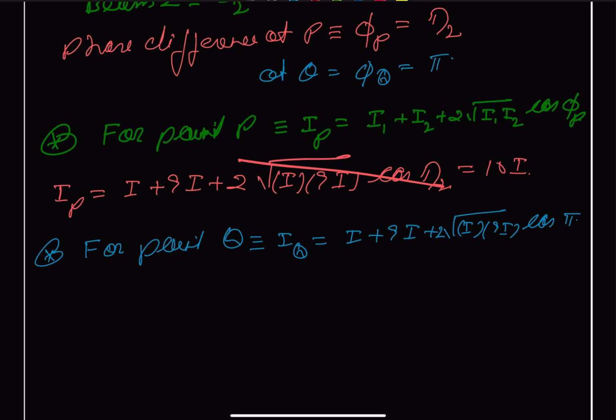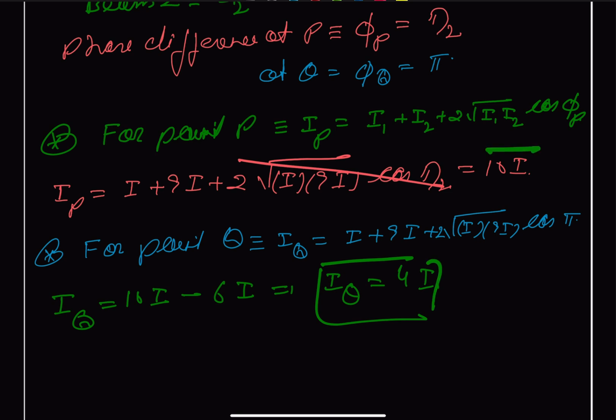So we get here IQ will be equal to 10I, and cos of pi is minus 1. So this goes minus, and this comes as 3 times 2, that is 6I. So this gives us that our IQ is equal to 4 times I.